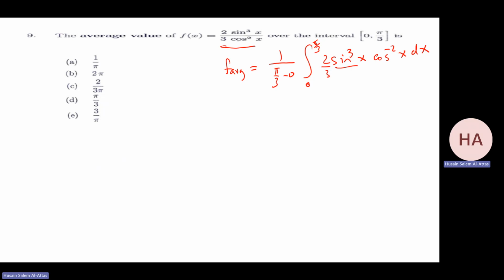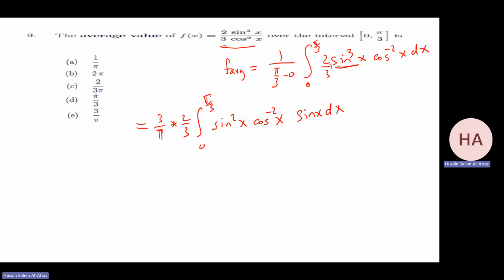I have sine is odd, so I can do the idea. Let me just take care of the constant. That will be what? 3 over pi times 2 over 3 integral from 0 to pi over 3. I can take one sine out. That will be sine square cosine to the power minus 2 x sine x dx.